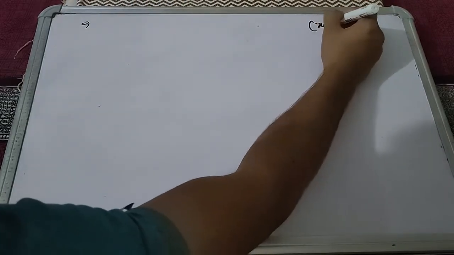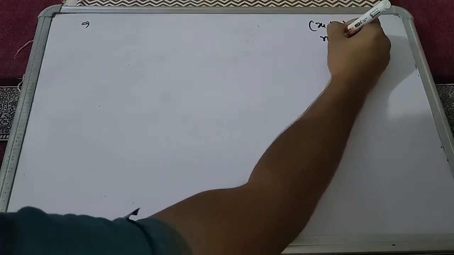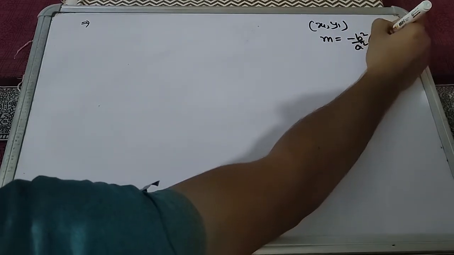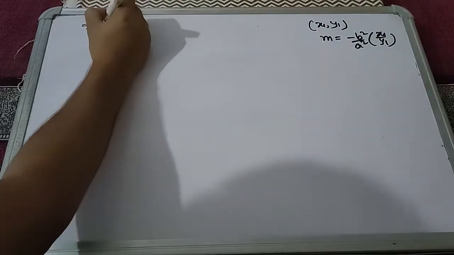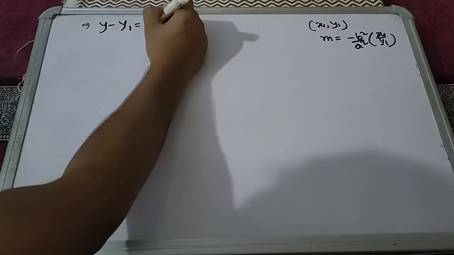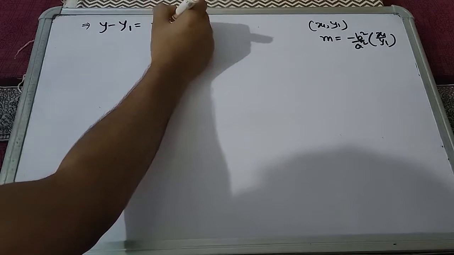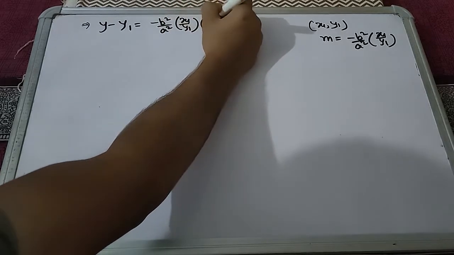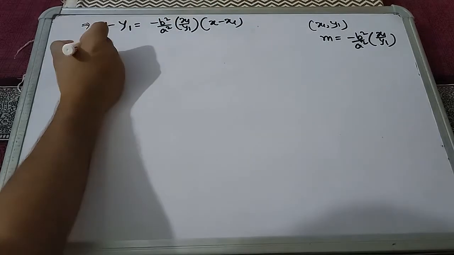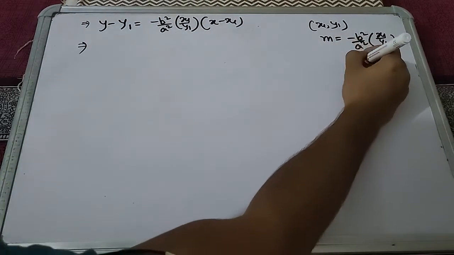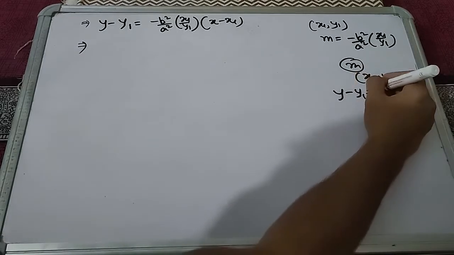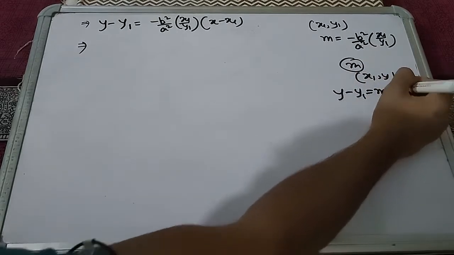The equation should be, we have the point x1 and y1 and the slope minus b square by a square x1 by y1. So the equation should be y minus y1 equals to minus b square by a square x1 by y1, that is m, into x minus x1, because if the slope is m and the point is x1 comma y1, the equation of the line is y minus y1 equals to m into x minus x1, right?